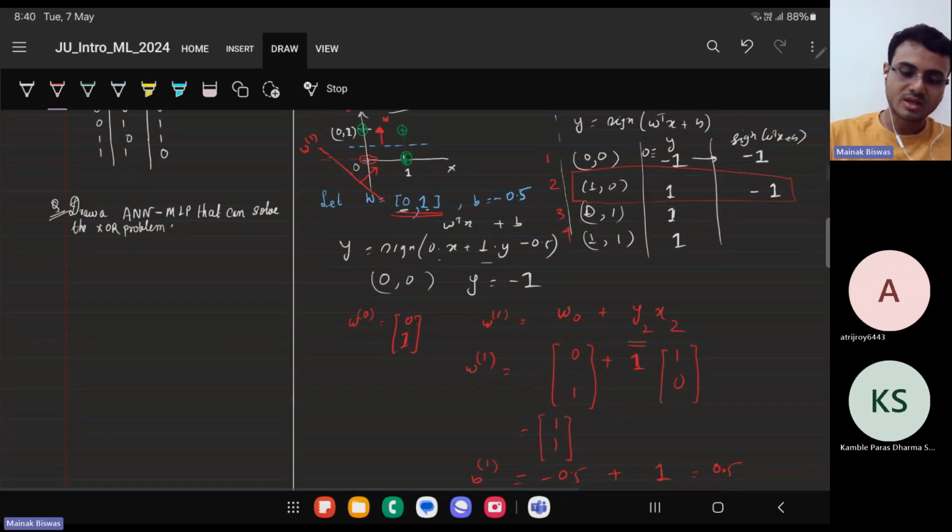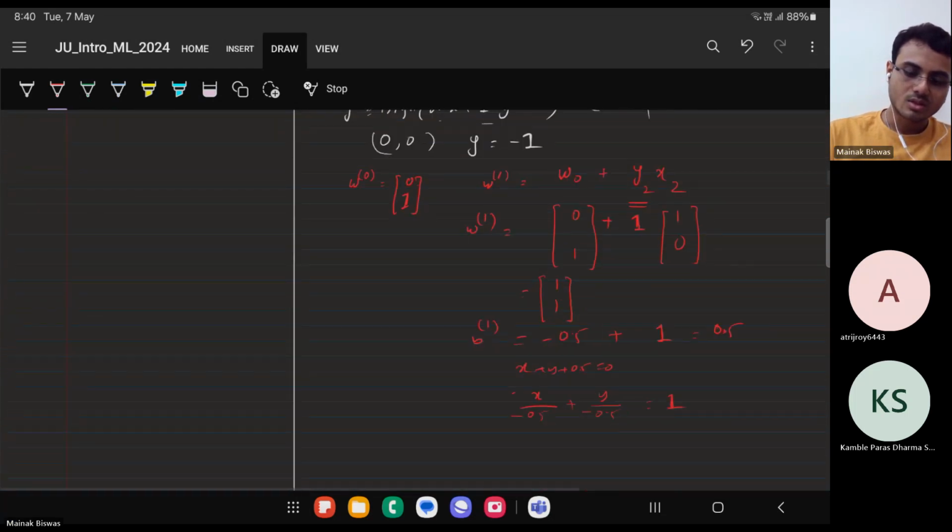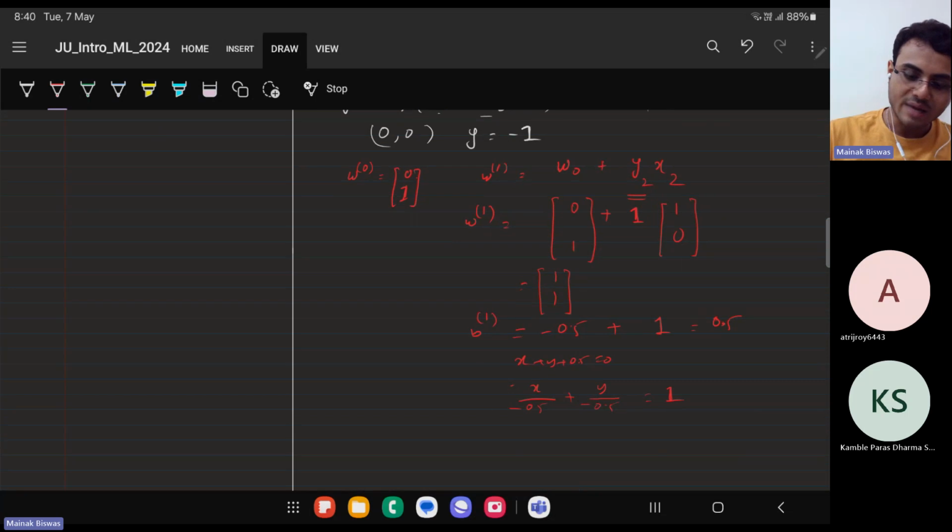Now let me see if I am going to misclassify something. Do I misclassify? So my new labels are B is equal to half. W is equal to 1, 1. B is equal to half. If my Y prediction is sign of x plus y plus 0.5, yes or no?